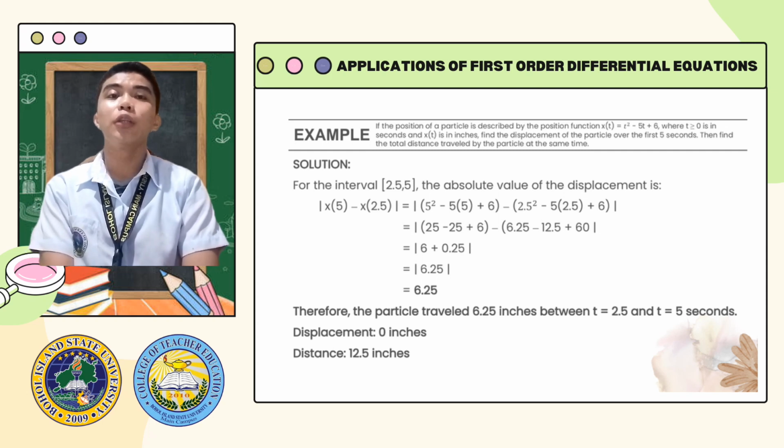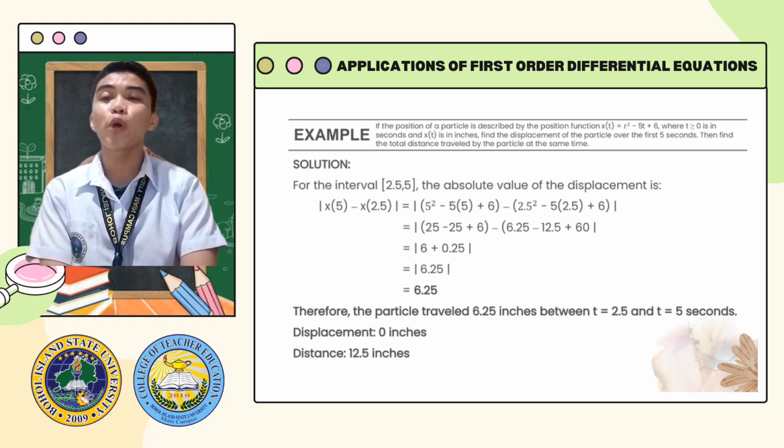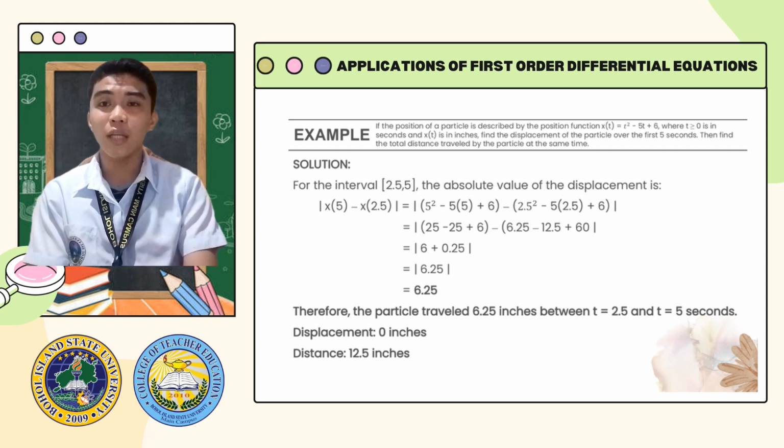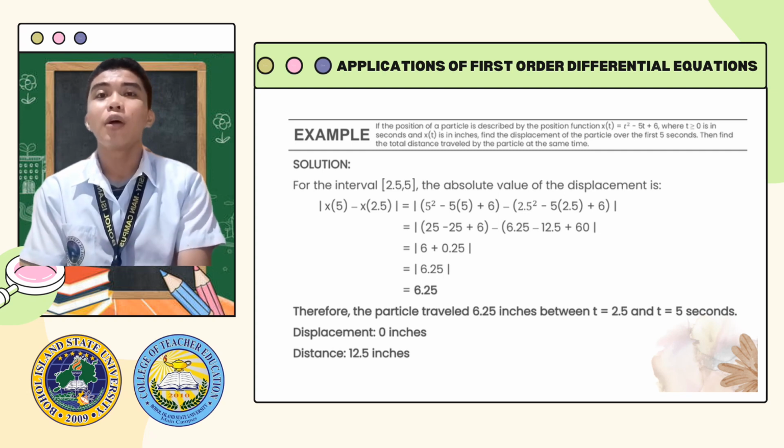Therefore, the particle traveled 6.25 inches between 2.5 seconds and 5 seconds. So our displacement is 0 inches. Why? Because there is no change between the two subintervals.